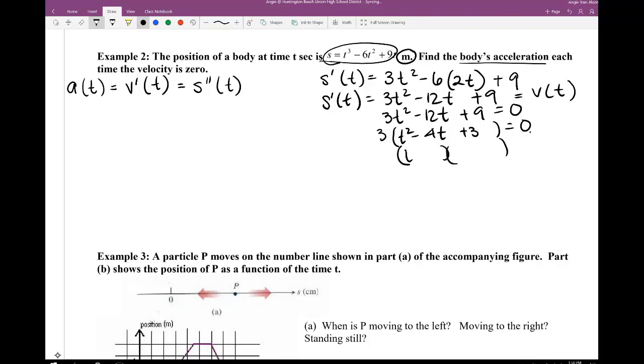So we have t minus 3 and t minus 1 equals 0. So t equals 3 and t equals 1, so at 3 seconds and at 1 second.